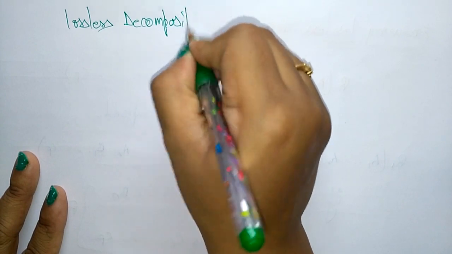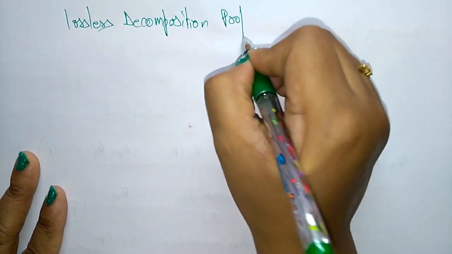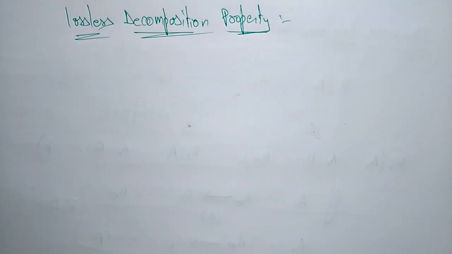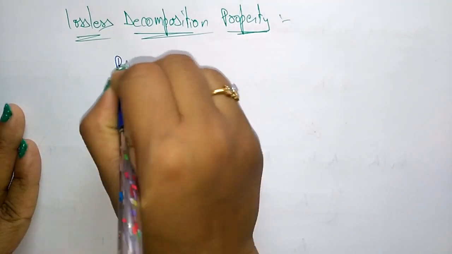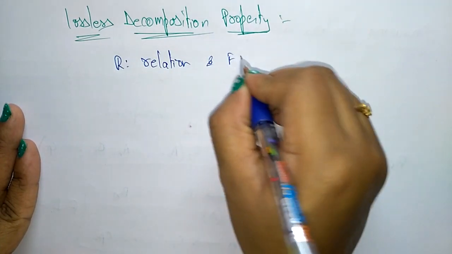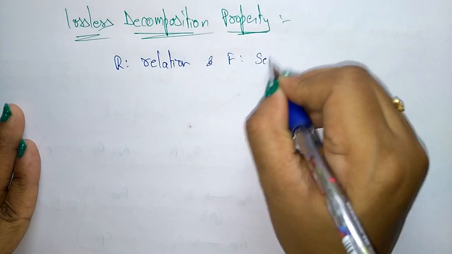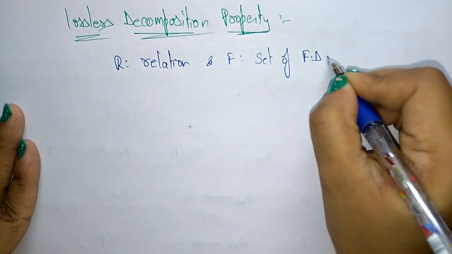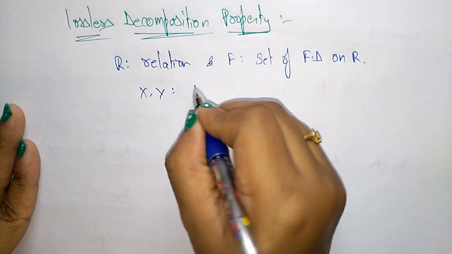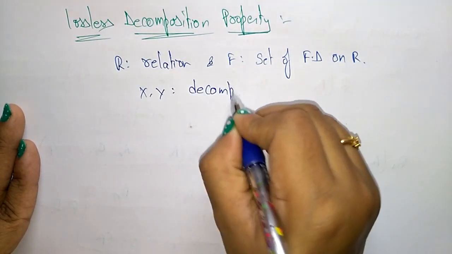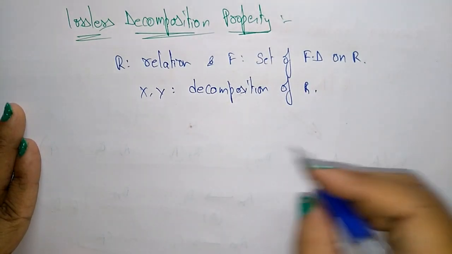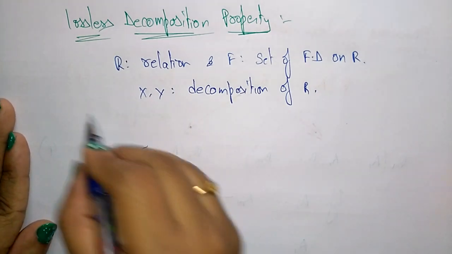Let R be a relation and F the set of functional dependencies on R, and let X, Y be the decomposition of R. When can you say the decomposition is lossless?